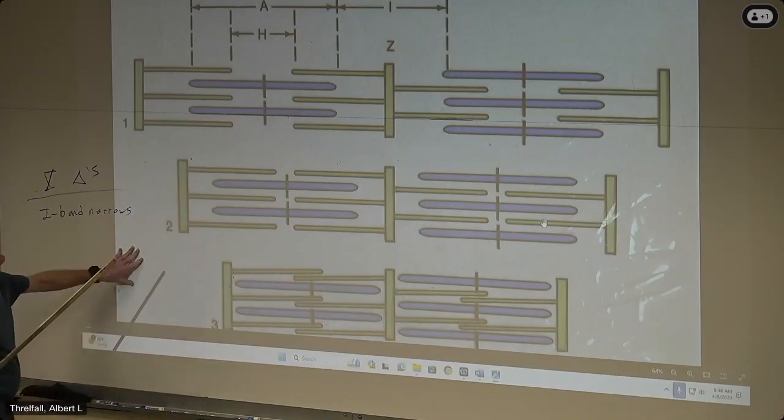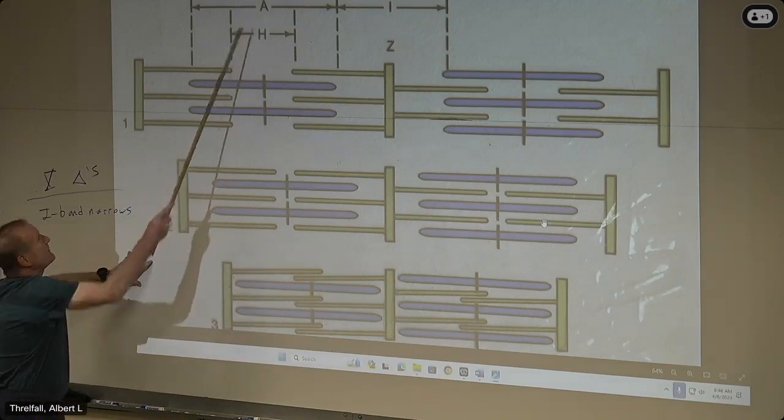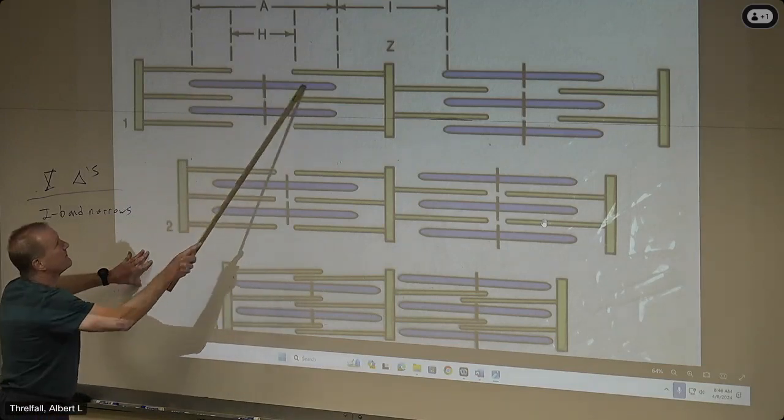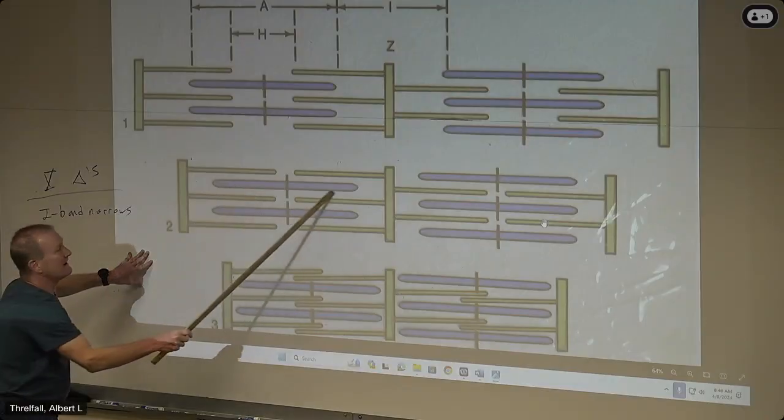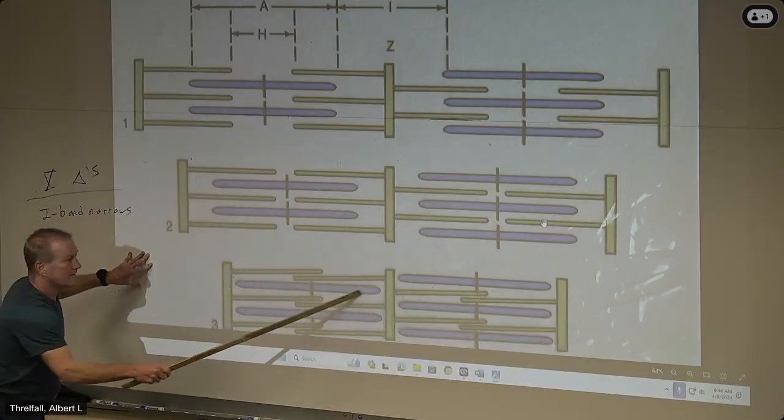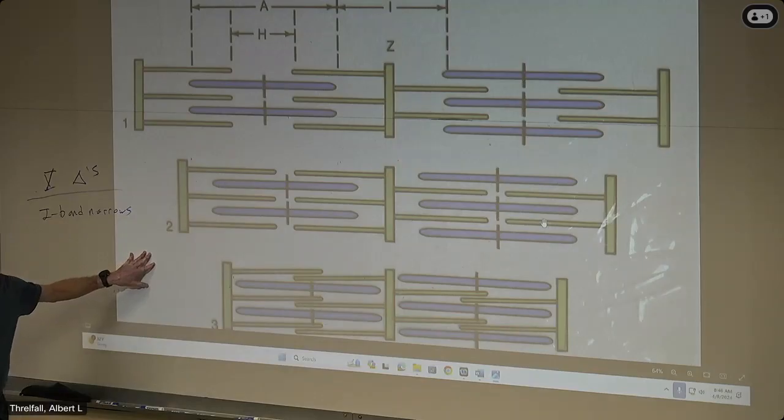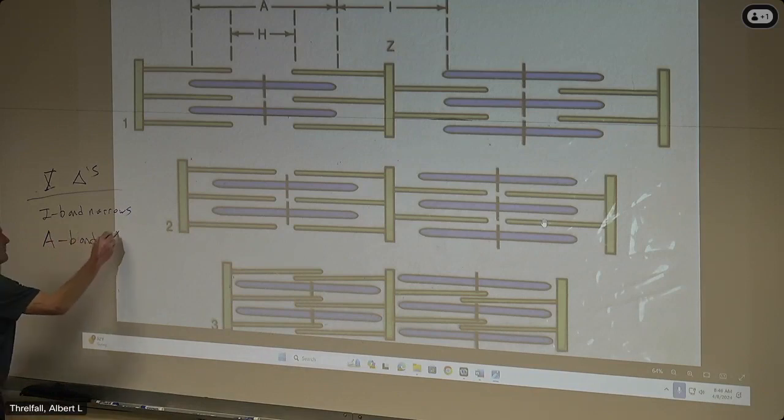So here's A labeled up here, one end of myosin to the other. Is A any different in the middle picture or the lower picture? No, it's unchanged. Because A runs from one end of myosin to the other, unless myosin got shorter, A couldn't change. A band is unchanged.